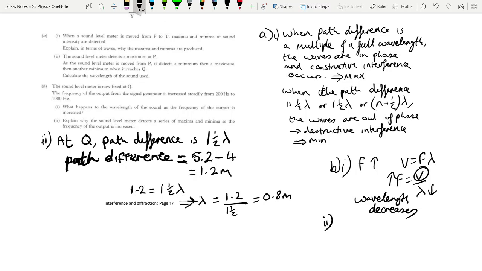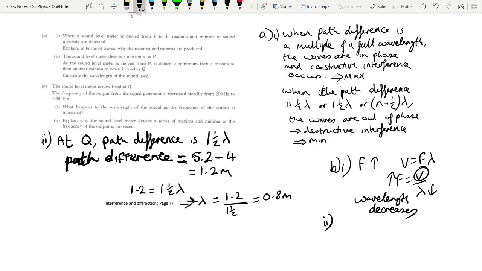And part 2, as the wavelength is changing, explain why the sound level meter detects a series of maxima and minima as the frequency of the output is increased. So we know because the frequency is changing, the wavelength is changing. So the path difference will be changing from full wavelengths to half wavelengths as it goes along.